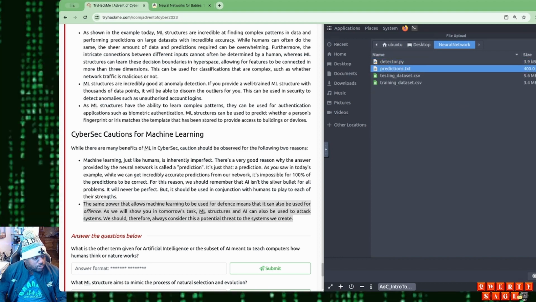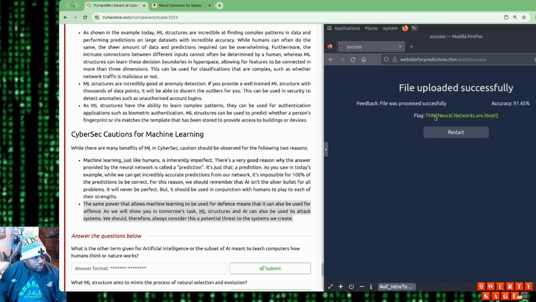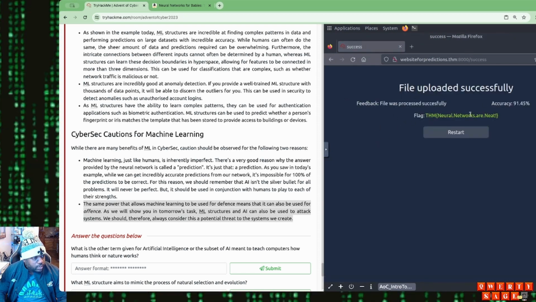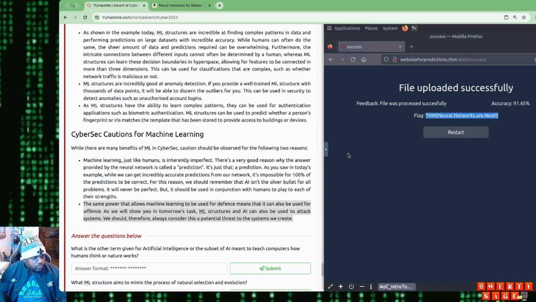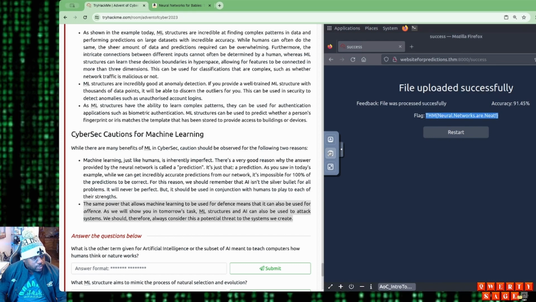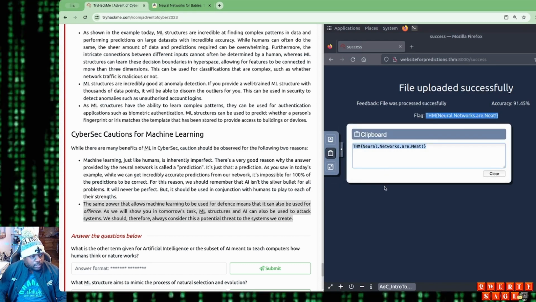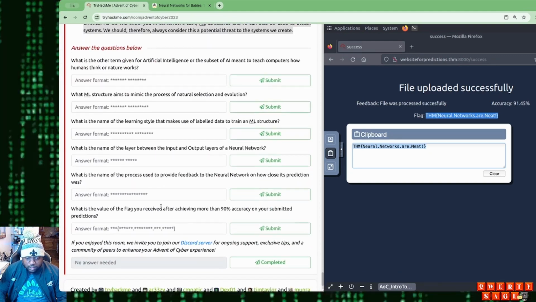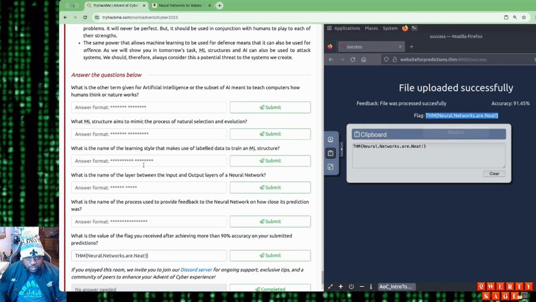Here. Load. We got our flag here. We got our flag, and we're going to answer these questions and get ready to hack some more tomorrow. Paste this.